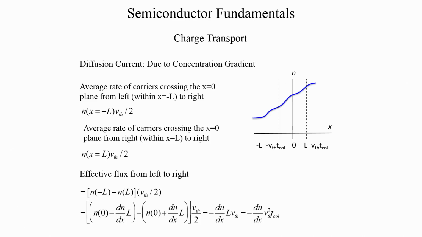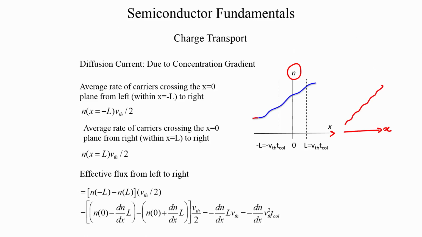So let us try to derive the diffusion current. To start off, let's say we only talk about electrons, and let's say with distance x. That's my distance, just a one-dimensional case, with x increasing, and you have a concentration of electrons that is varying with space.